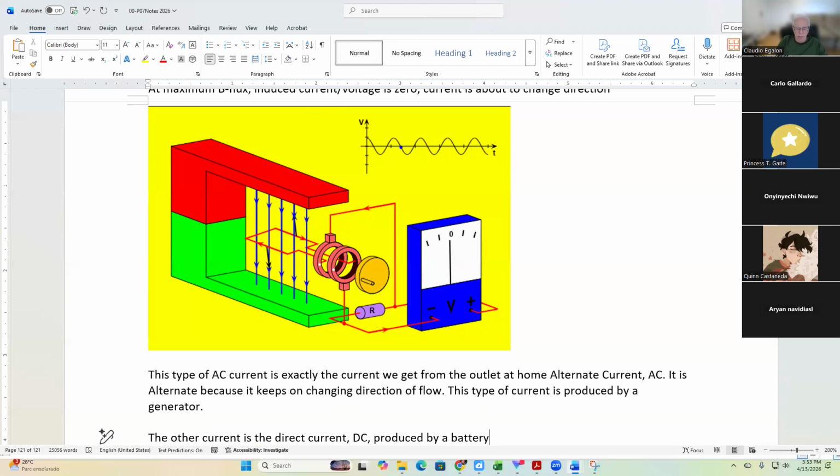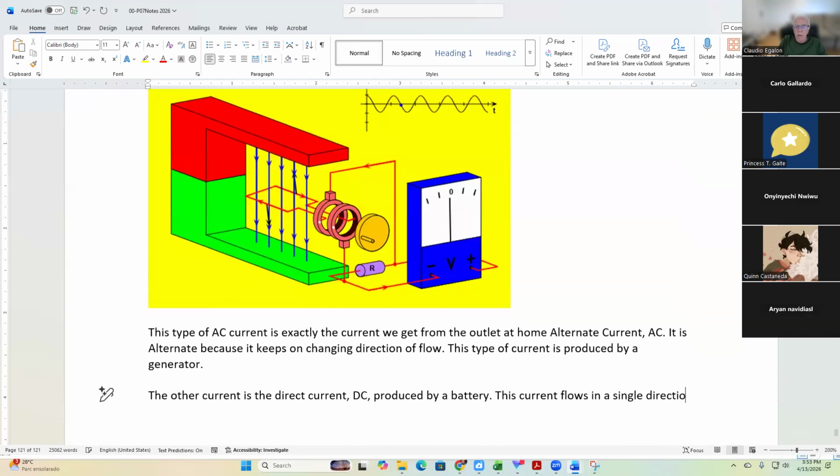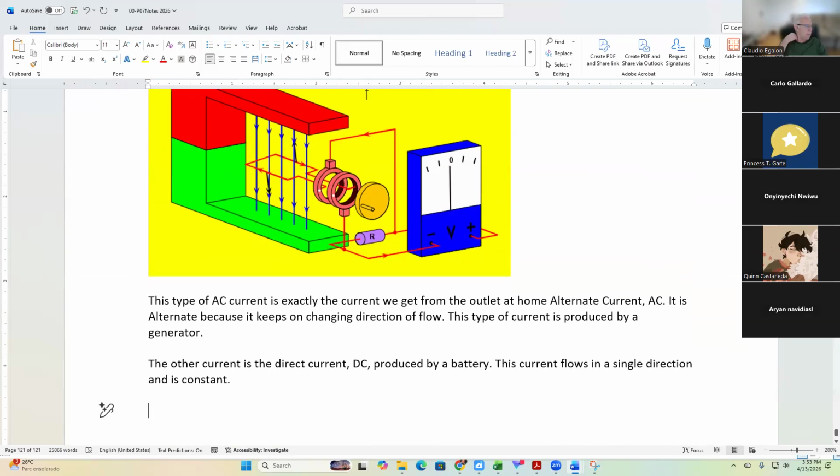This current flows in a single direction and is constant. Okay, AC/DC.